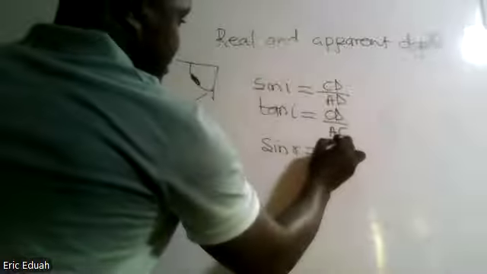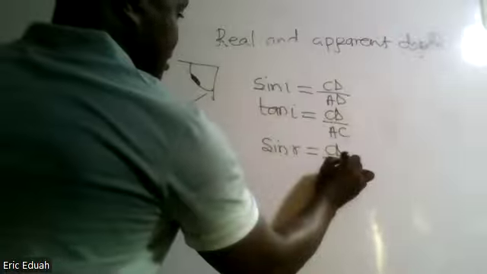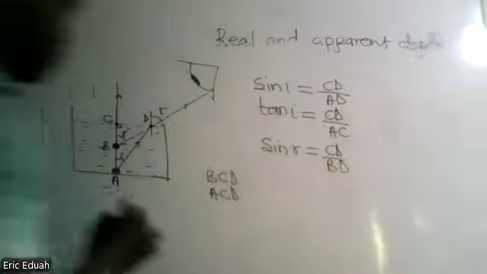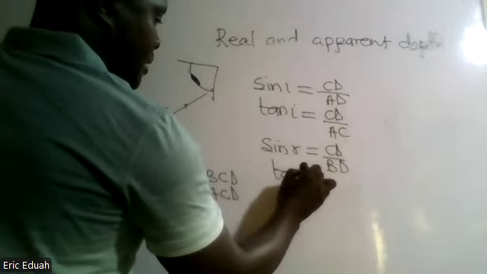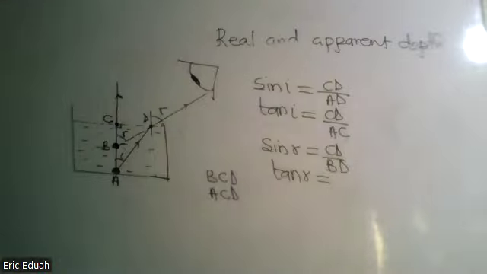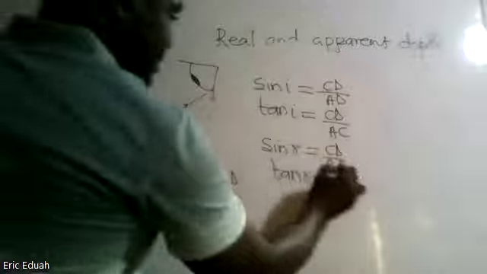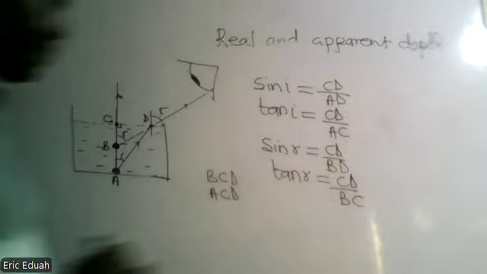So CD over BD. Then tan of R. What about tan R? CD over BC. Yes, please. CD over BC. Okay.